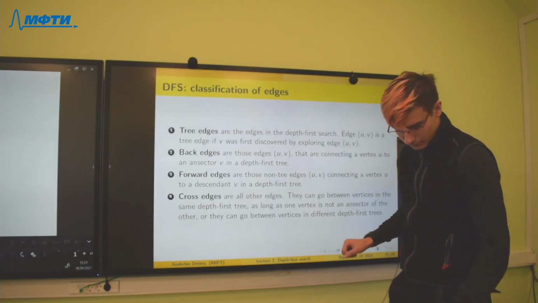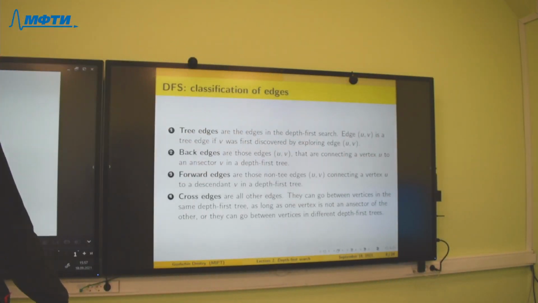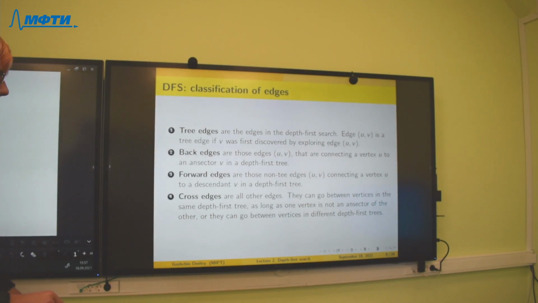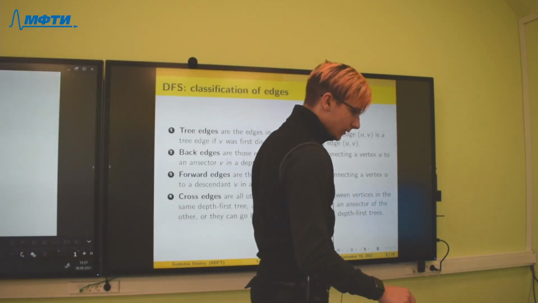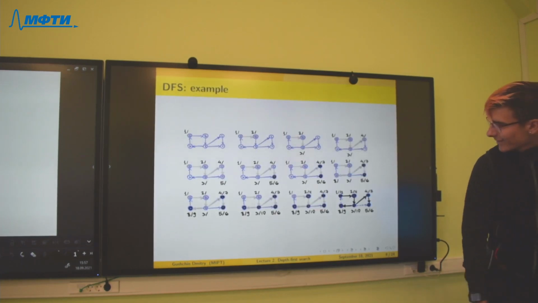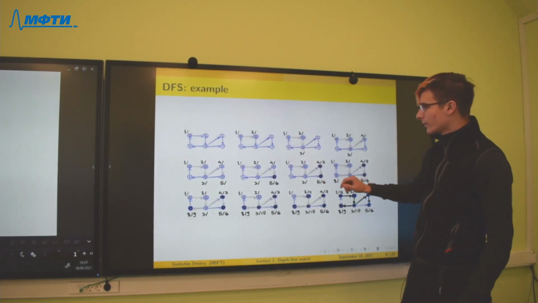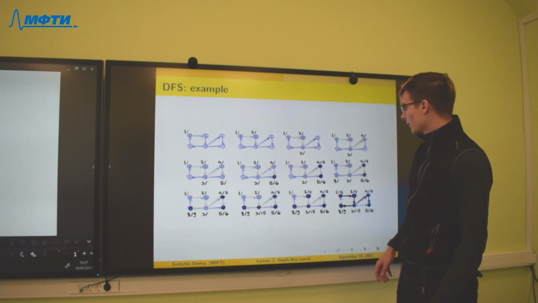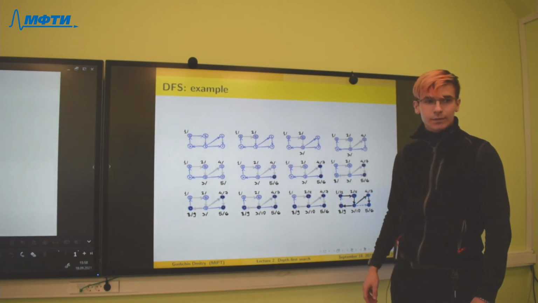Why do we use four colors? Is it the same as 0 and 1? Why we use colors: we need to understand which vertices we have already explored.